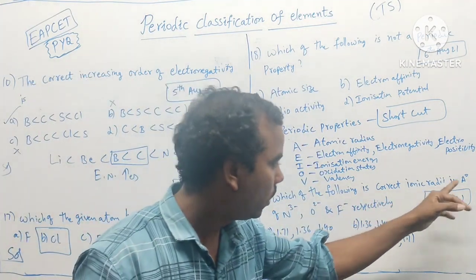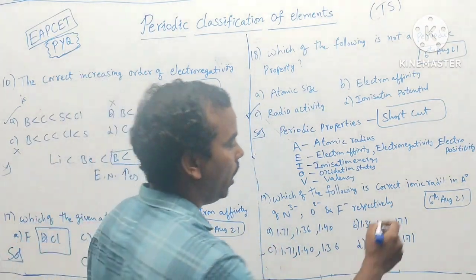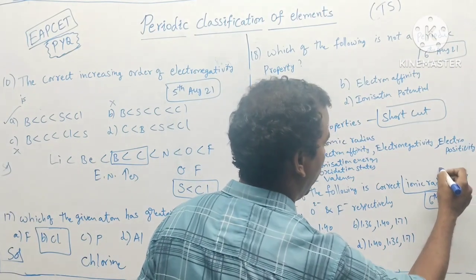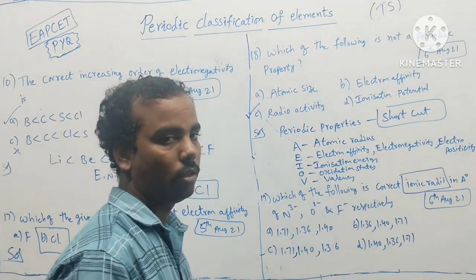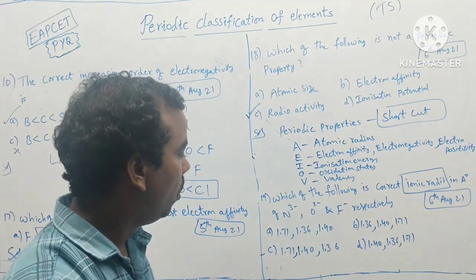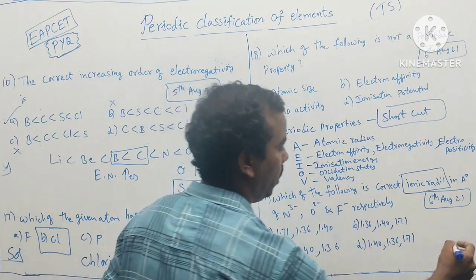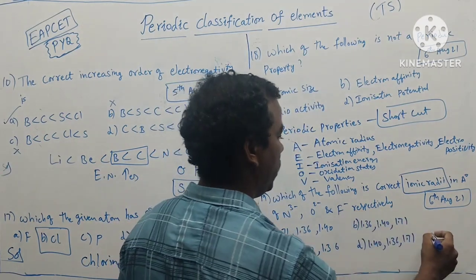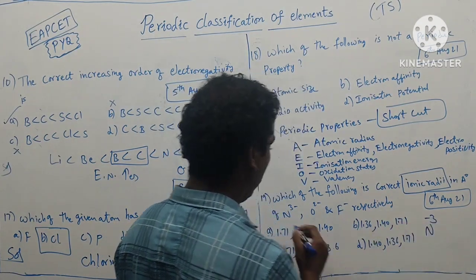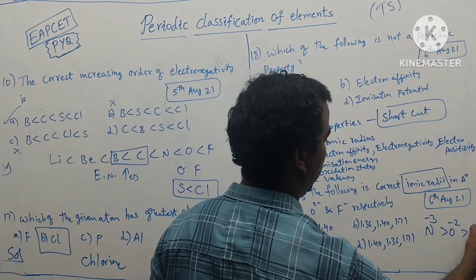Which of the following is the correct ionic radii in angstroms? Very, very easy. Ionic radii means the higher the negative charge, the more the ionic radii. The lower the negative charge, the lesser the ionic radii. N-3 has higher ionic radii, next O-2, next F-.